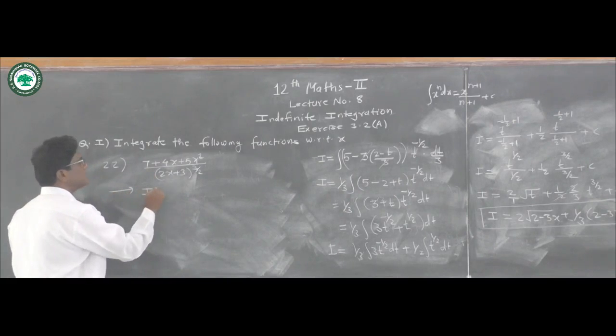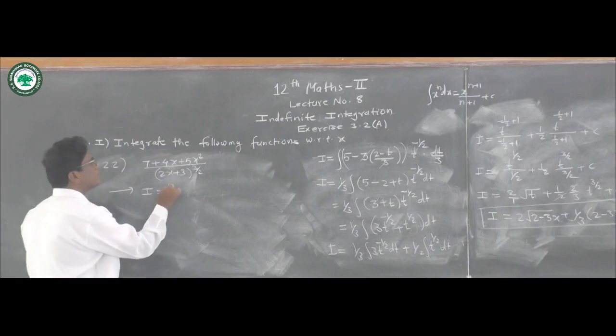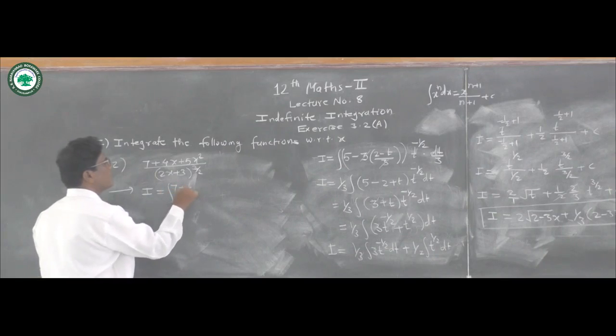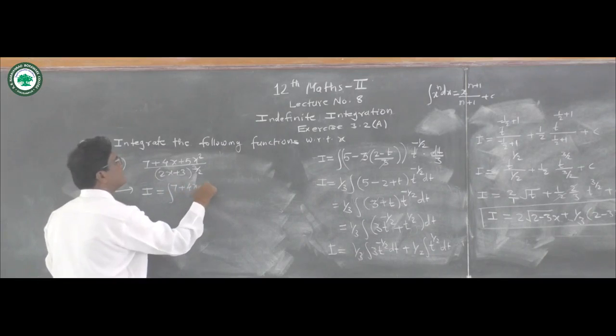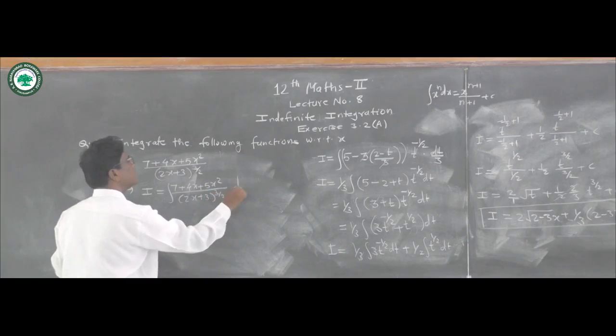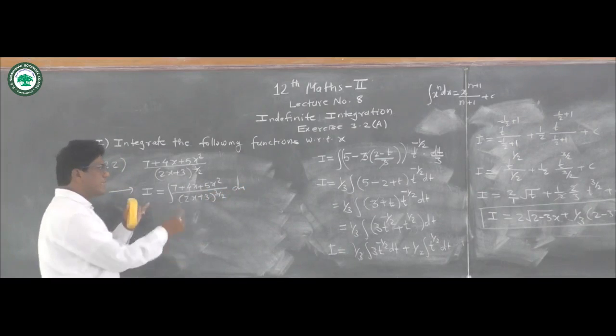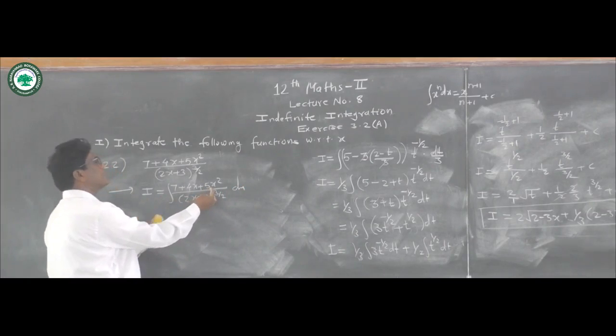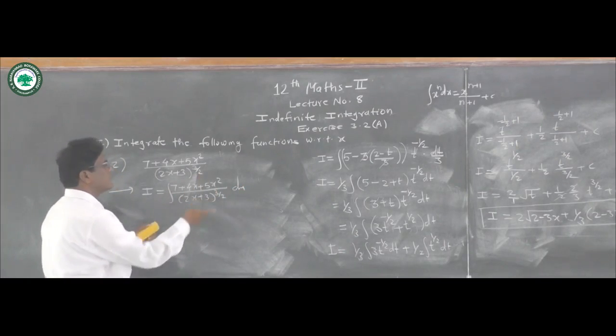So I is equal to integration of 7 plus 4x plus 5x square upon 2x plus 3 to the power 3 by 2 dx. Now we rearrange the terms. We write firstly the term of x square, then x, and then the constant term.